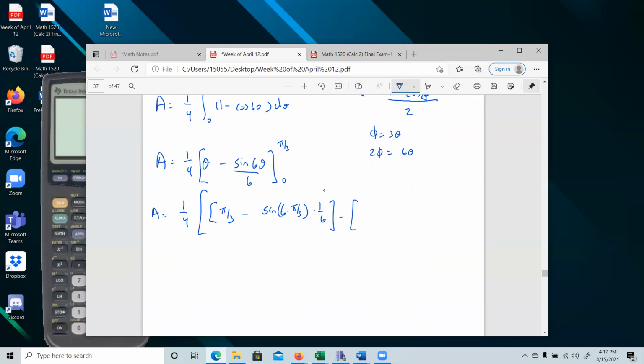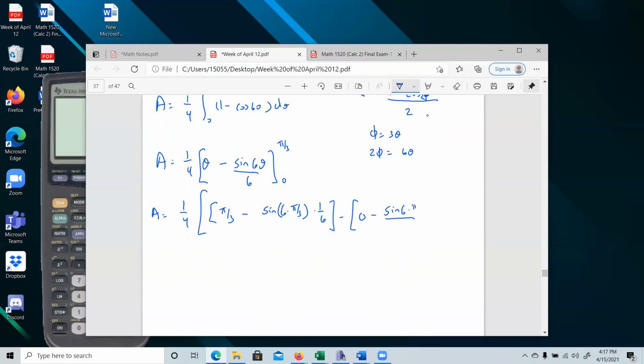Be careful with the trig functions. I know a lot of these, they were polynomials, and I just put in 0. Notice I'm not doing that on this one because there's trig functions involved. And if one of them was a cosine or if there was a secant, we're going to be kind of stuck here, okay? So I want to be really careful with exponents, and I want to be real careful with trig.